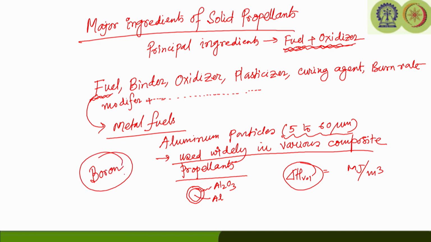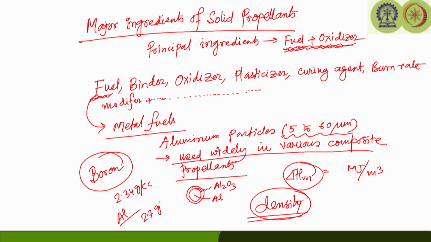Now, another consideration I did not mention here is the density. If you recall, the high density of the propellant is another criterion we discussed in the previous class. So, here the density of the metal fuels is higher than the density of the hydrocarbon fuels. If you look at the density of boron, I think it is around 2.34 gram per cc. If you look at the density of aluminum, the density is around 2.7 gram per cc.